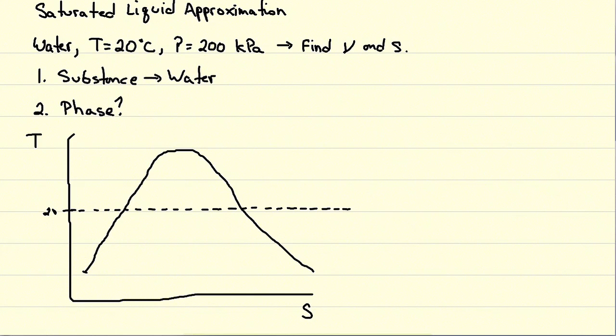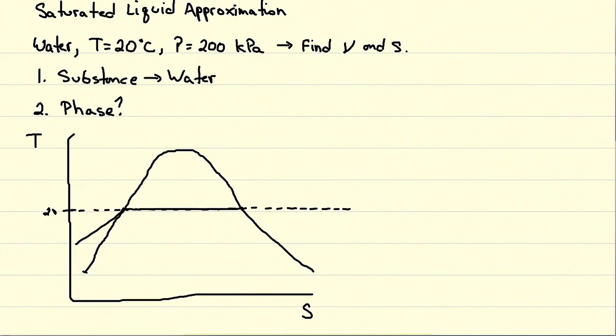Okay. And now the next thing I'm going to do is draw the line of constant pressure that corresponds to the saturation pressure at 20 degrees C. So that's going to look like this. Note that I'm not necessarily drawing the line of constant pressure for 200 kPa.